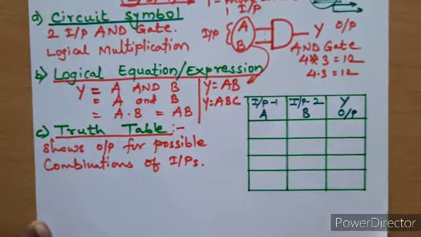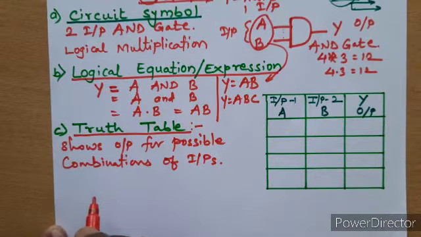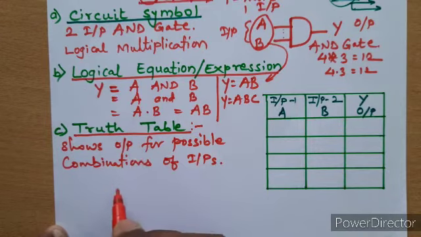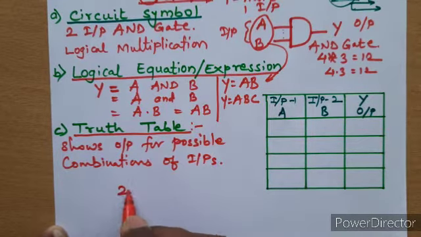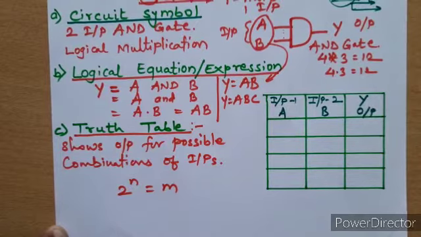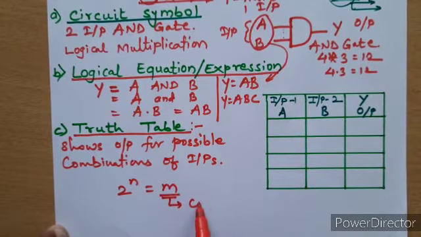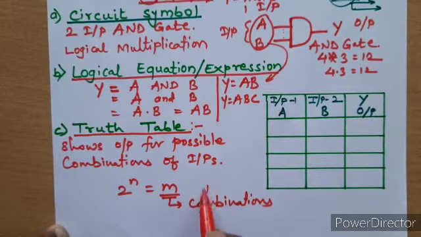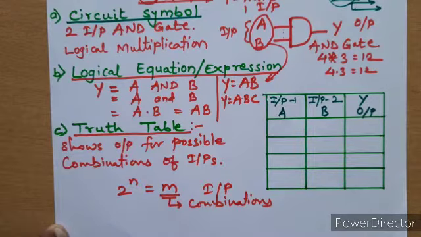In our previous video lectures we have seen, if there are n inputs, 2 raised to n is equal to m. Here m is the number of input combinations, and n is the number of inputs.